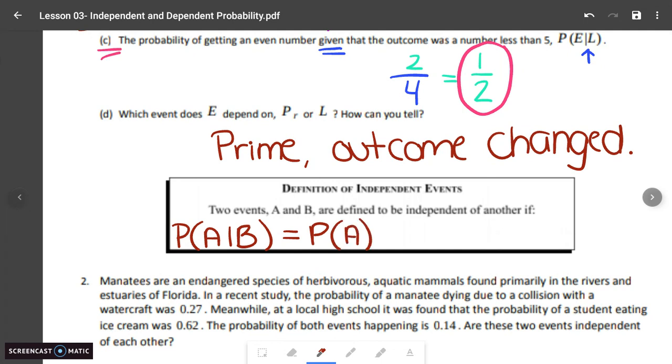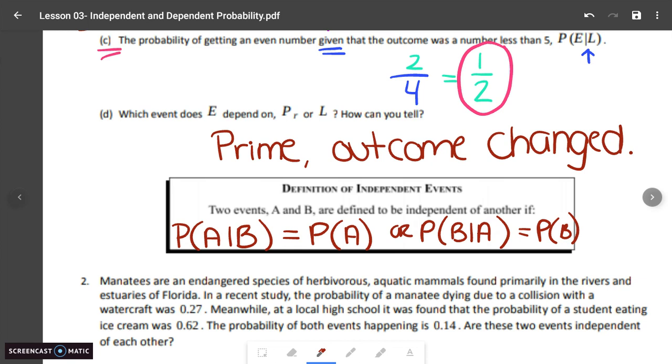And that works too if I change this up and we wrote it as probability of B given A, it would still be equal to the probability of B. Basically, the big idea here is if you have a restriction, a given, and it doesn't change the probability of the original, then it's independent.